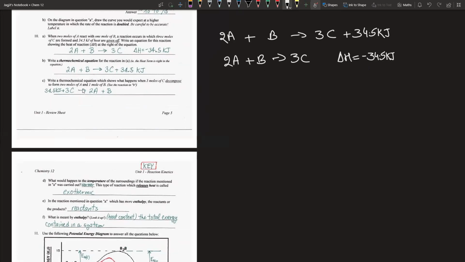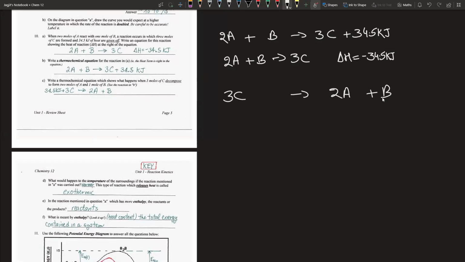And then the third part says write a thermochemical equation which shows what happens when 3 moles of C decompose to form 2 moles of A and 1 mole of B. So now what they're saying is write the equation to show when 3 moles of C decompose, which means it breaks up to form 2A and 1B.